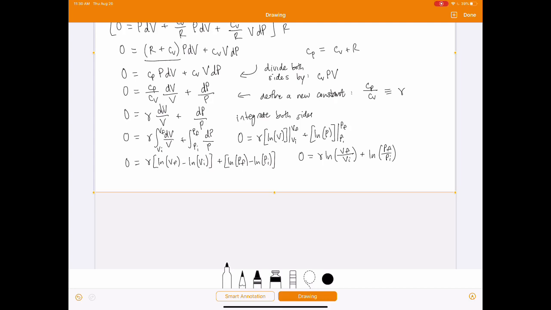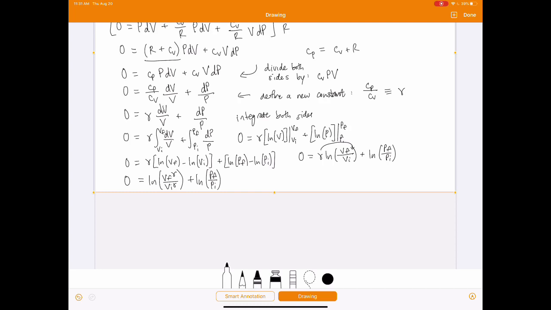Another thing, if we focus on the first term: whenever you have a constant out front of the natural log, you can bring it inside as a power. That's another property of natural logs. So we have 0 equals natural log V final to the gamma power over V initial to the same power gamma, plus natural log P final over P initial.